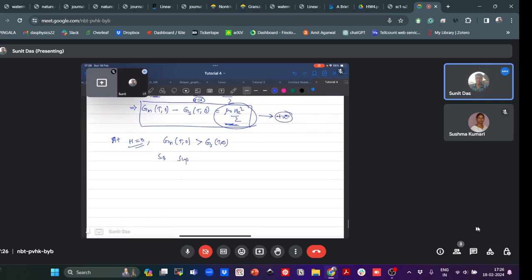So the superconducting state has lower energy than the normal state at H equal to 0, which is physically consistent, because if it has lower energy, then it will be stable. Otherwise, it would be an unstable case.